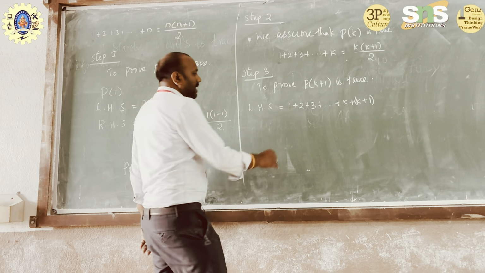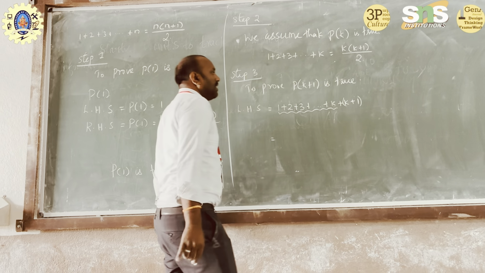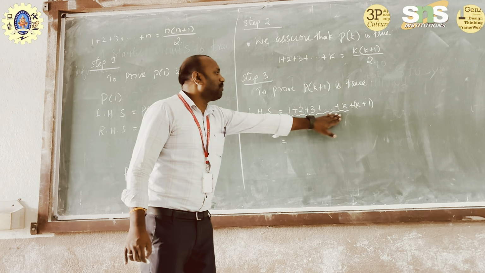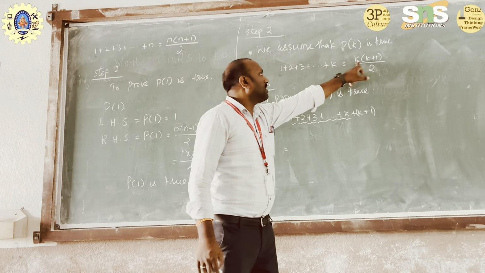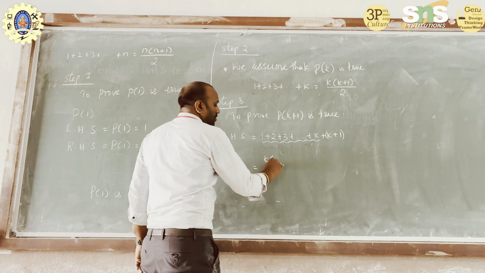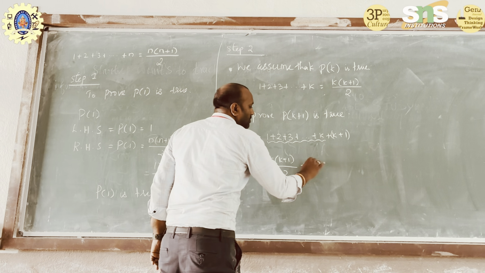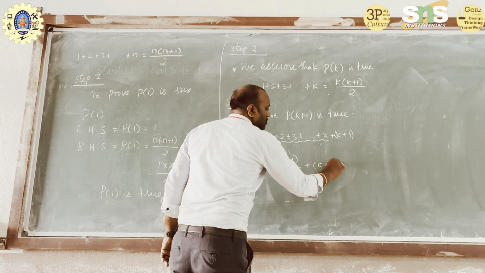So we already know that 1 plus 2 plus 3 and so on up to k, that is 1 to k, is k into k plus 1 divided by 2. The remaining term is k plus 1.